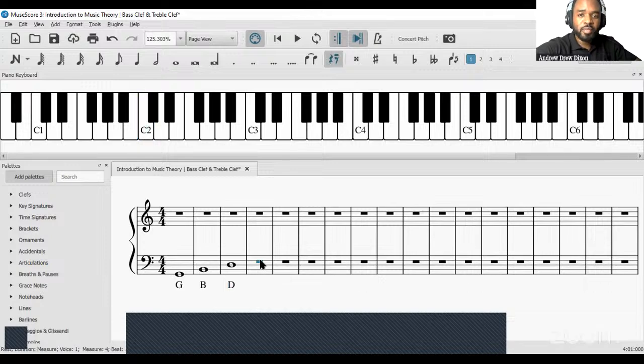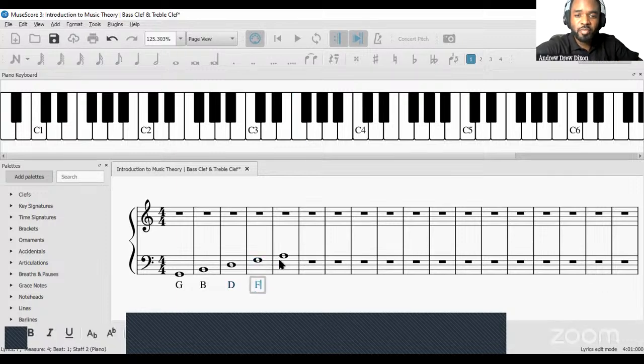We would say that note is F. And finally, if it's sitting on the fifth line, then that note is A. So just to recap, we have G, B, D, F, as in favor, and A.